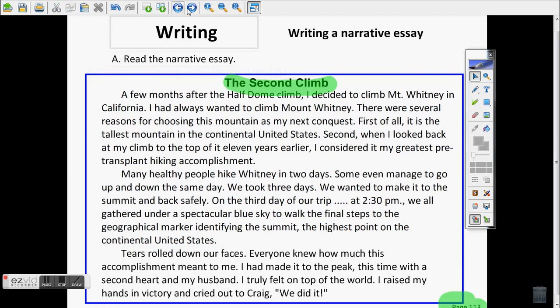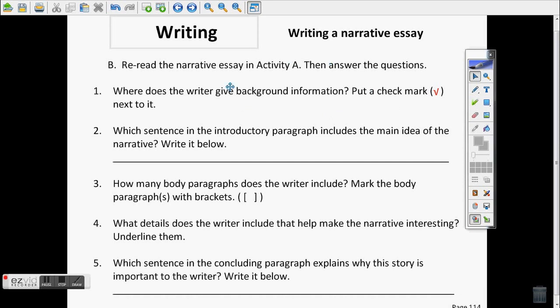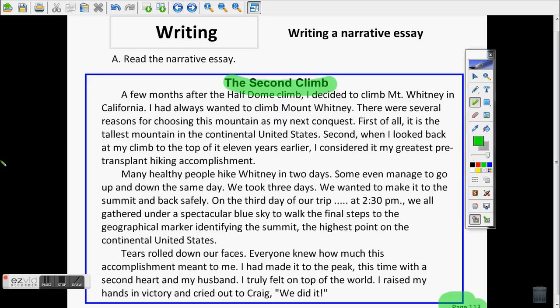Let's go back to the question. Where does the writer give background information? It's here, in the first paragraph. So we can put a tick mark here.